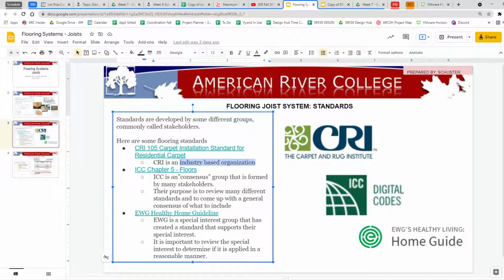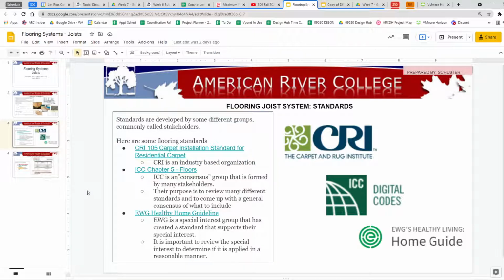So you can go, okay, and it's really a standard for how to install and maintain a carpet. So you can see why manufacturers want to have something like this, because then they can say you have to install it and maintain it per CRI 105.